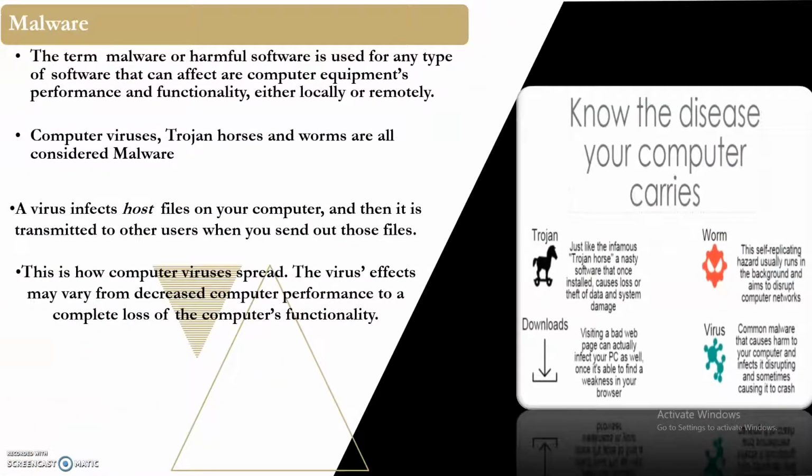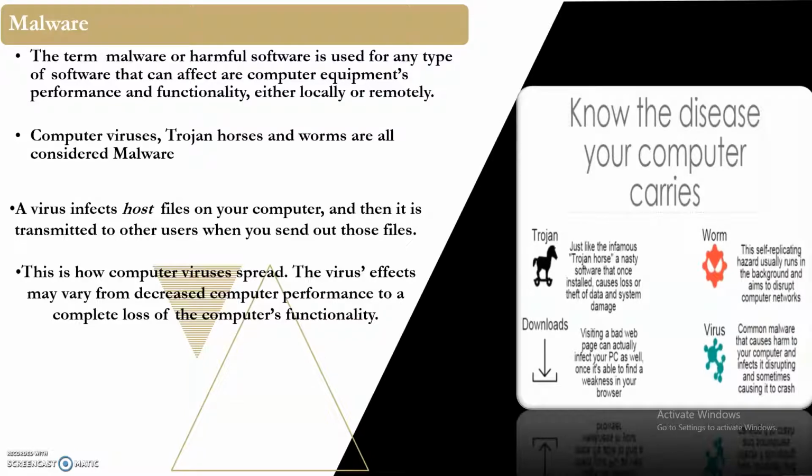Before going further, let us first talk about what is malware. Malware literally means harmful software that is installed on your computer by mistake, not intentionally. Computer viruses, Trojan horses, and worms are all considered malware.